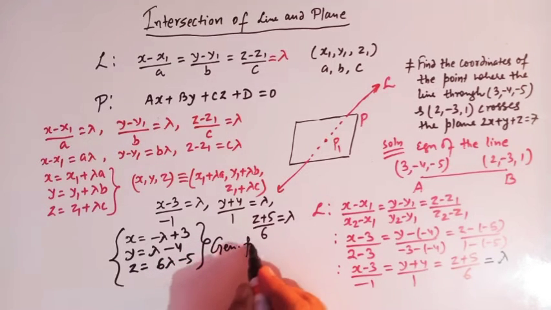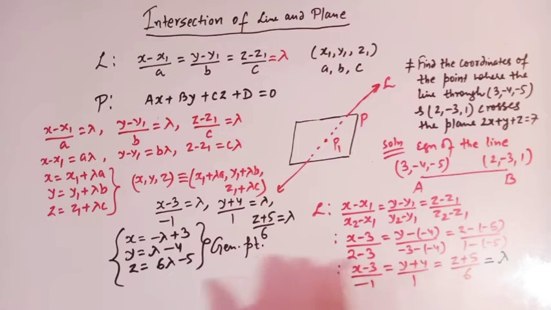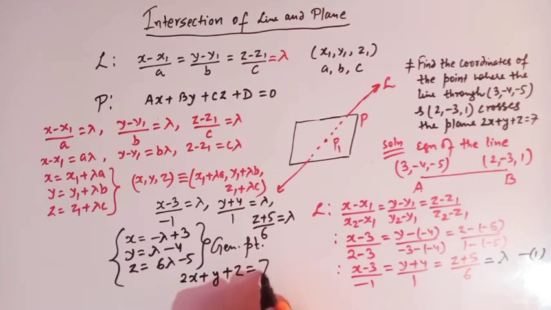Now see, this is a general point on the line, and if this line intersects this plane, that is 2x plus y plus z is equal to 7, then this point must satisfy the equation of the plane, right? So if we substitute the values of x, y and z in the equation of the plane, then we can easily find the value of lambda, right?